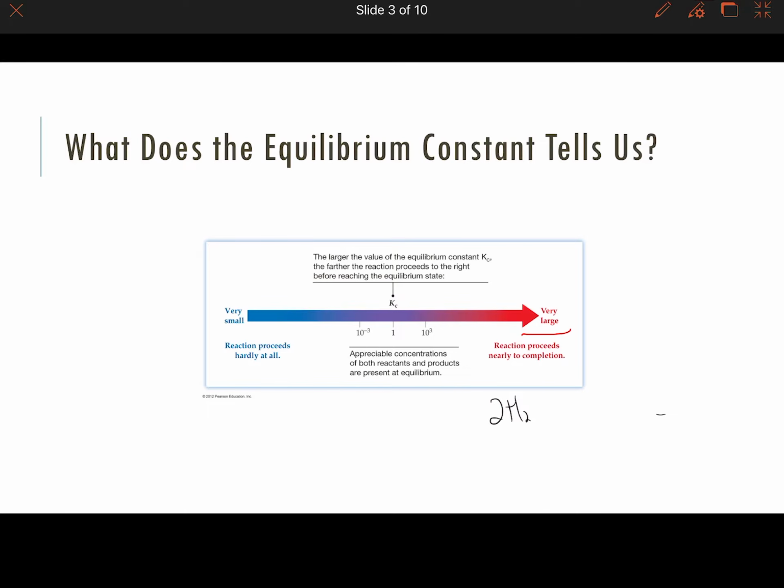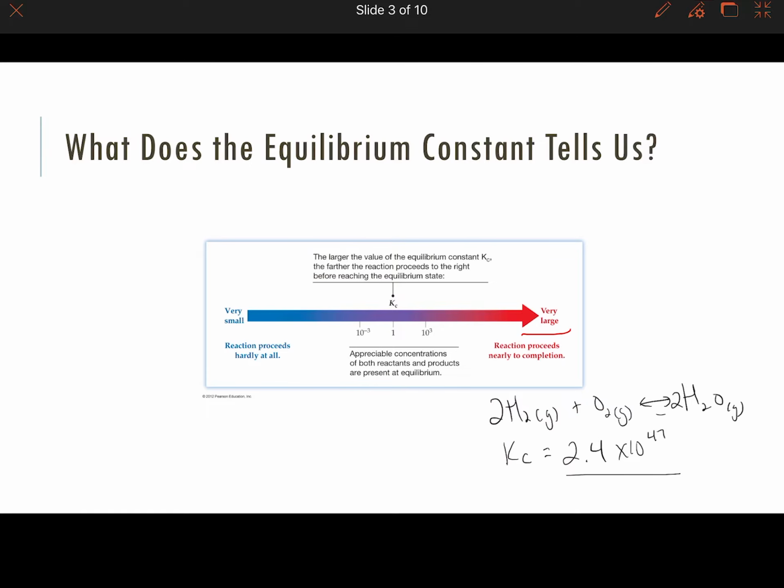This is what we consider a reaction that's so favored that the products are so favored that we consider it a one-way reaction, and that's because it has such a large equilibrium constant. So it has 2.4 times 10 to the 47, which is a very, very large equilibrium constant. So we say that the reaction proceeds nearly to completion.